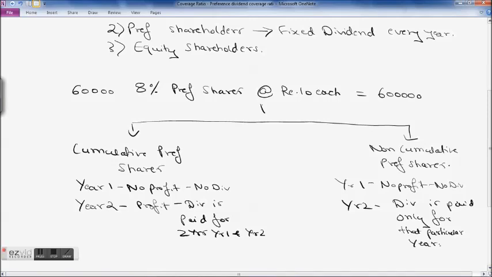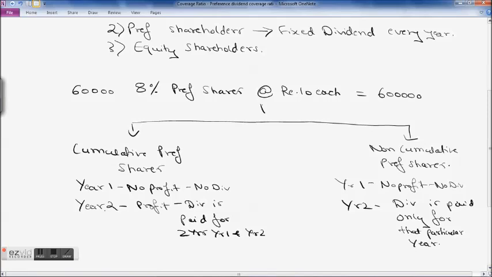Whether you have cumulative or non-cumulative preference shares, whenever there is sufficient profit, you have to pay the dividend. If there is no sufficient profit, in case of cumulative preference shares you need not pay any dividend, but whenever there is a profit, you have to pay the cumulative dividend of all the previous years also. Whereas in non-cumulative preference shares, no profit, no dividend, but if there is a profit, you need to pay the dividend. So it's a fixed liability.